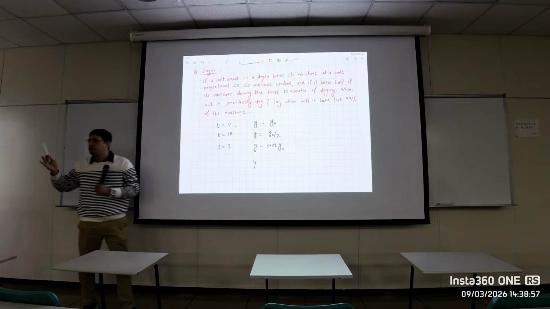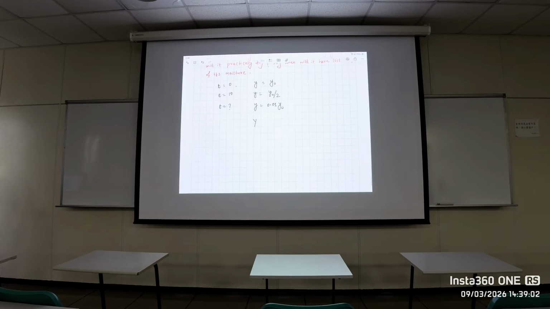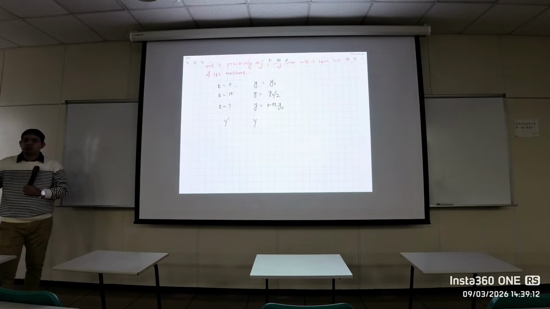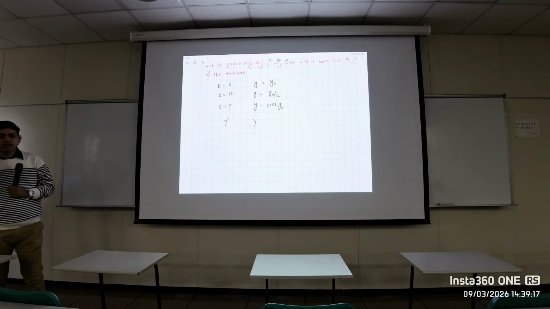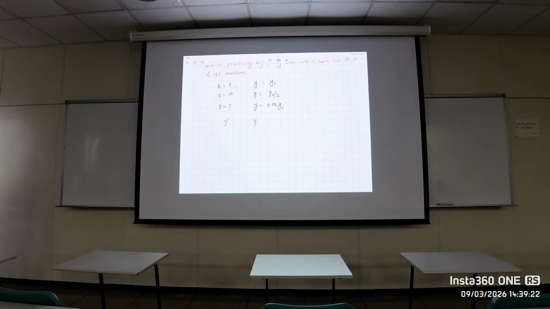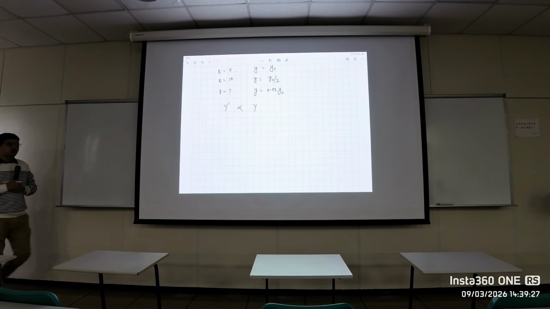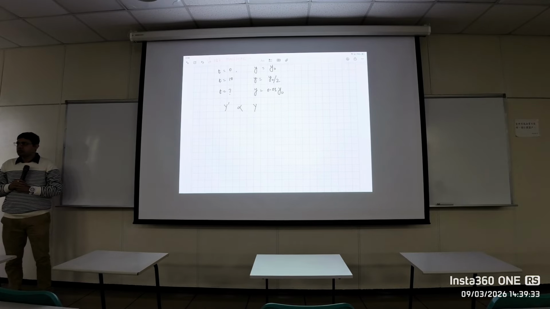That is the loss of moisture from the wet sheet, that we can consider at a particular rate it is getting dry. y dash is the change in the moisture in the sheet, and y is the moisture. So we can clearly write y dash is proportional to y, right?